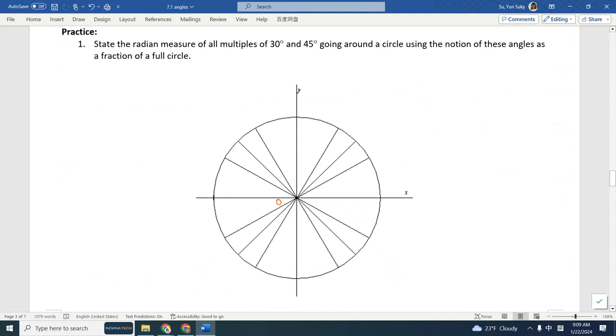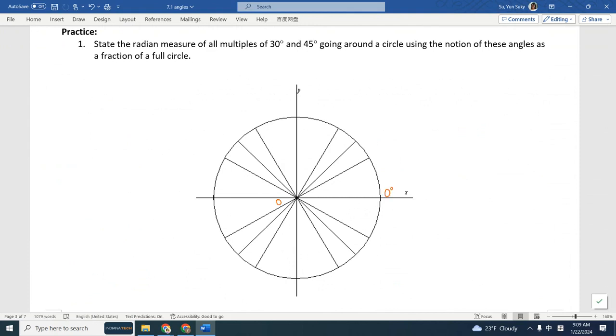And we usually start with the initial side, which is the positive x direction. This is the initial side, and then the terminal side of the angle is getting bigger. So the angle is getting bigger, right? If we're right here, then this angle is 0 degrees. So we start with this.